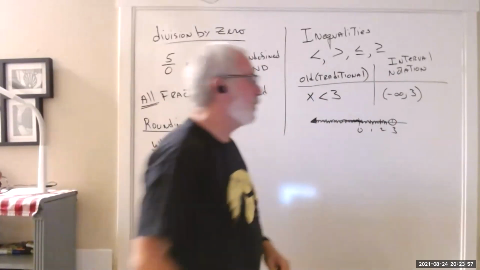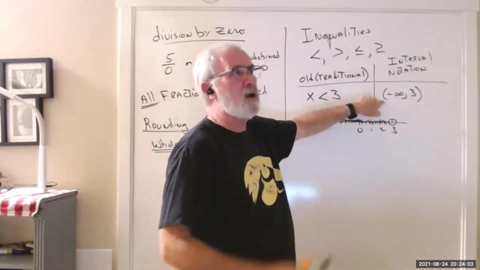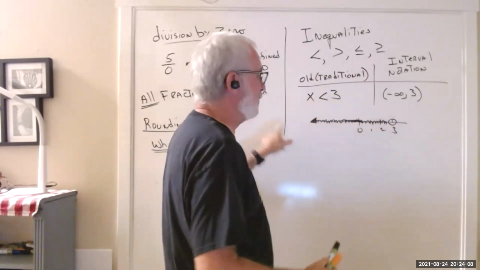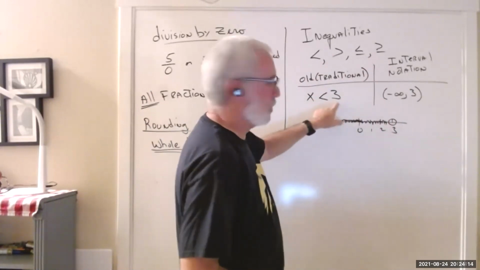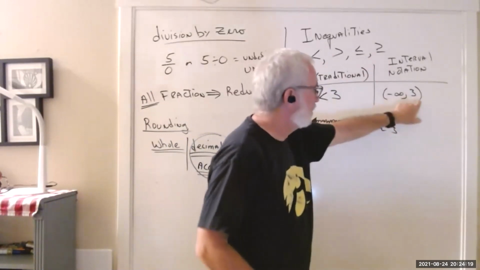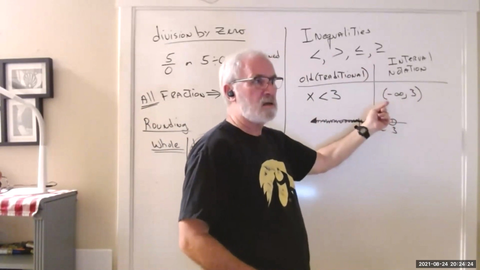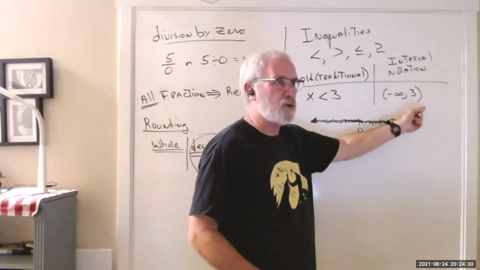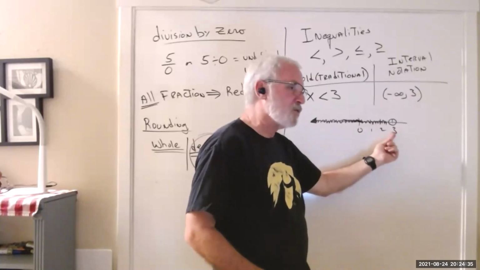So we always use parentheses in interval notation to describe a number that we can't quite get to. You can't get to negative infinity. We can't get to 3 because we need to be less than 3. We're going to get real close to it, but we're never going to touch 3. So we put parentheses on here to say, hey, you can't get to infinity, negative infinity, and you're going to come close to 3, but you're never going to touch 3. So the parentheses are kind of like our open circle here, saying we're going to come close, but never touch it.